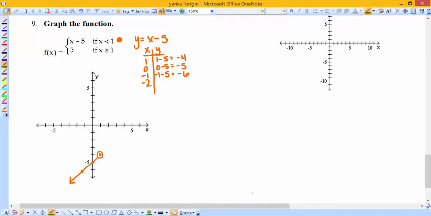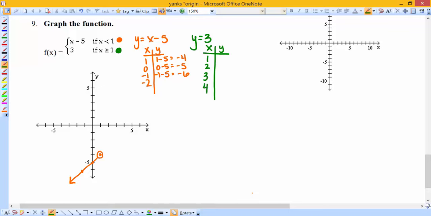My next graph I'll do in green. And this one is actually pretty easy. It's y equals 3, and then it's x greater than or equal to 1. So I'm going to use for my x values 1, 2, 3, 4.